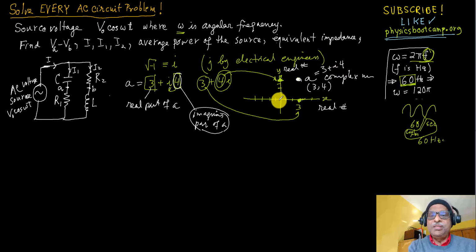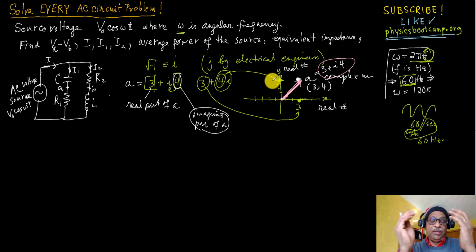So there is a vector notation for these things, which is called phasors. You can say this arrow represents the same thing as that. There is no real vector here, but it is very common to think that way.